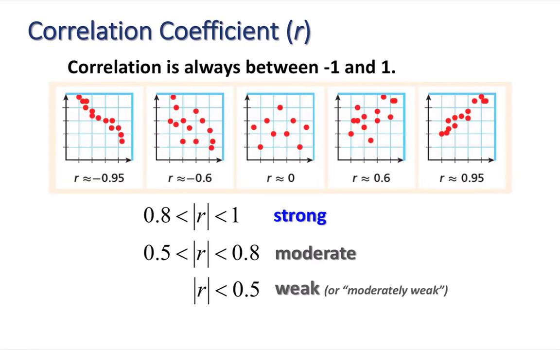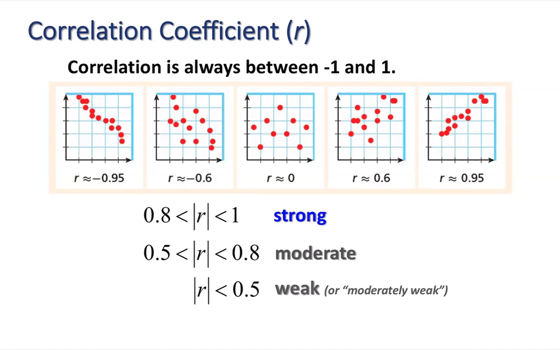It's 0. But as I get bigger, 0.6, 0.95, they have a positive relationship and they're becoming more of a strong line, getting closer and closer together. Same thing with the negatives.